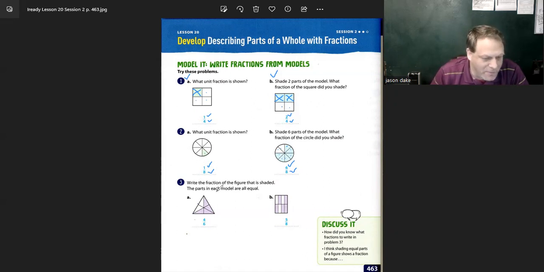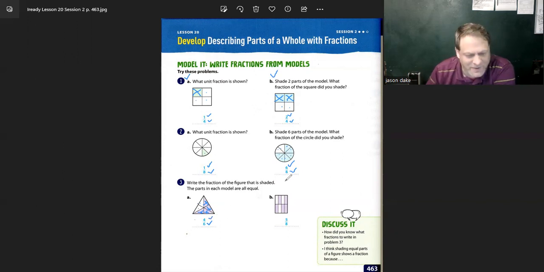All right, let's look at number 3. Write the fraction of the figure that is shaded. How many parts do they have? 1, 2, 3, 4, 5, 6 for the denominator. And how many are shaded in? 1, 2, 3, 4. All right, 4/6.